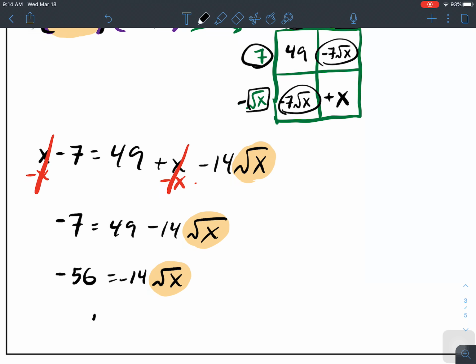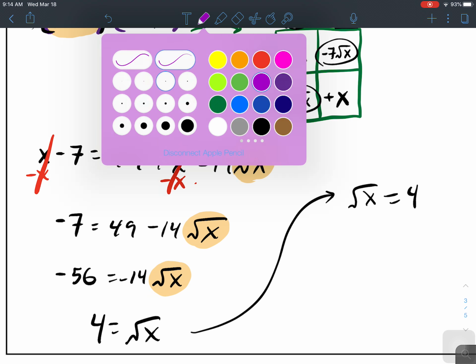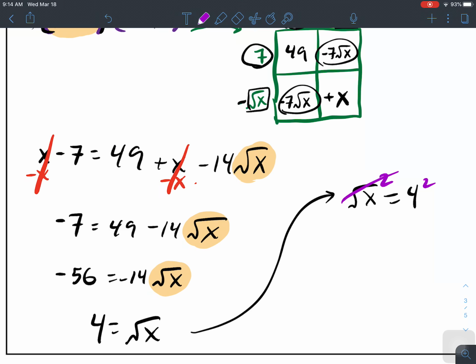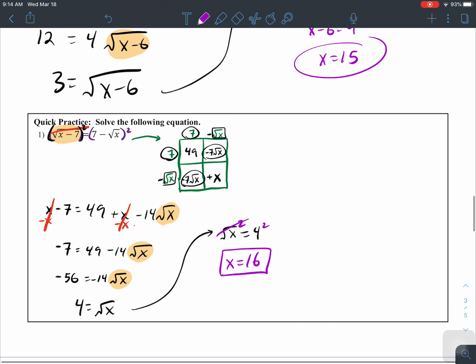Still need to get that radical by itself, so divide by negative 14, 4 equals that radical. So I have square root of x equals 4. Now that the radical is by itself, square the left side, square the right side, x equals 16. And if I check my answer, just so you know, I will get 16. It does work for them.